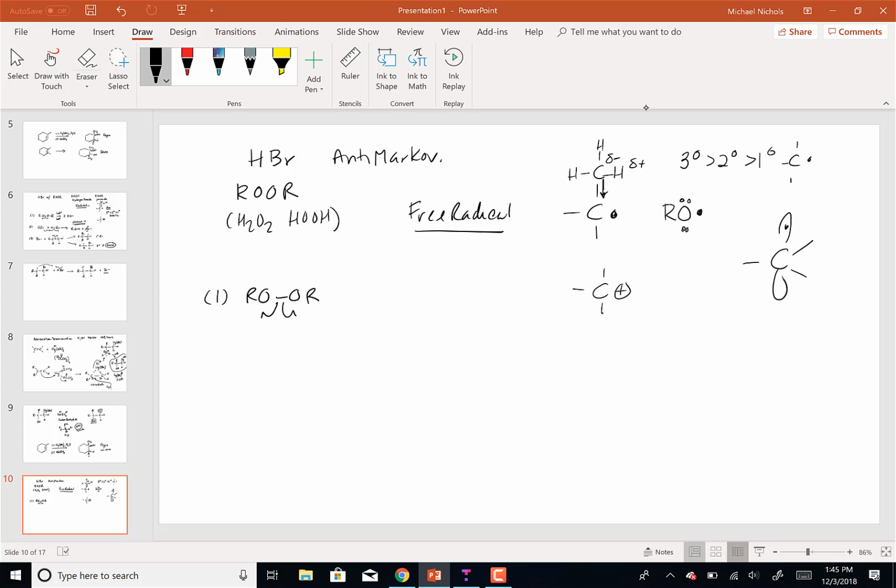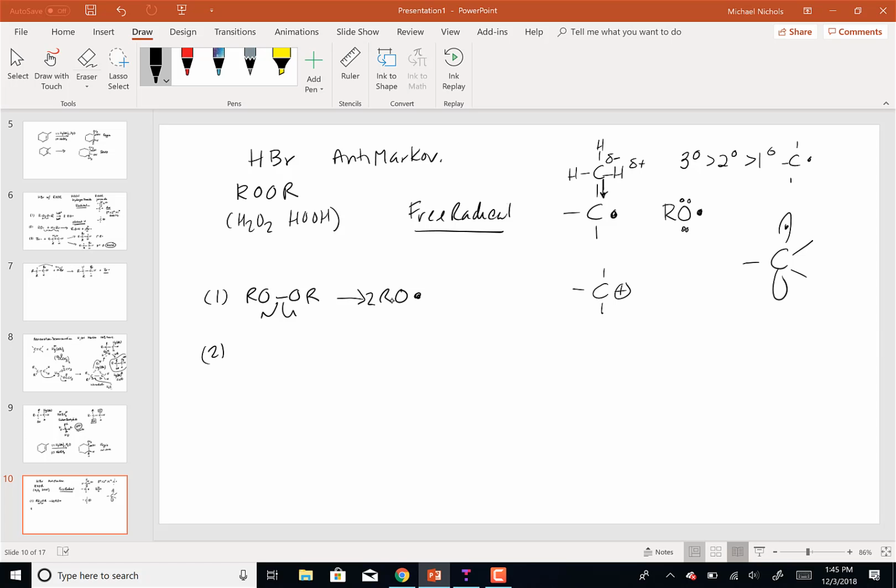And notice that I'm using these fish hooks. It's a half arrow, which means 1 electron. We've been using full arrows, which means 2 electrons, for the semester. So when I do that, I end up with 2 alkoxy radicals.